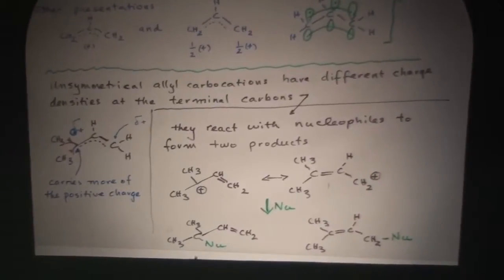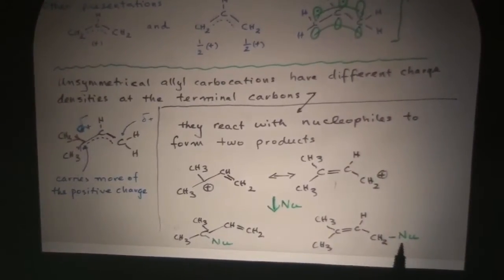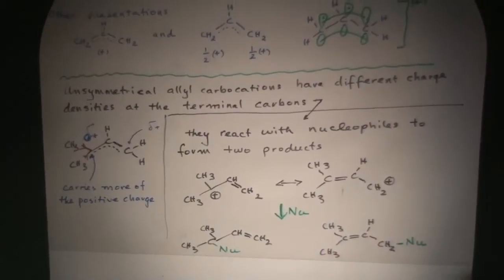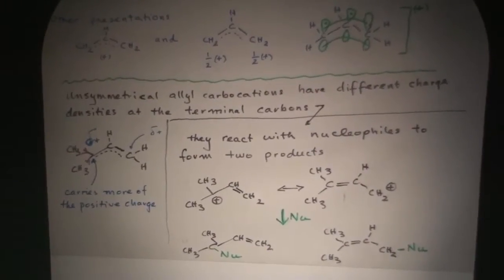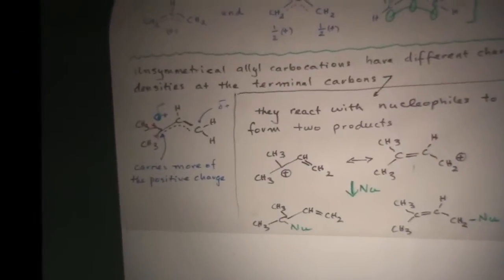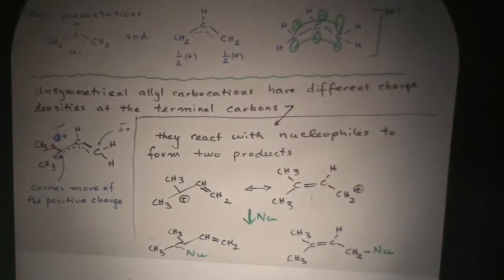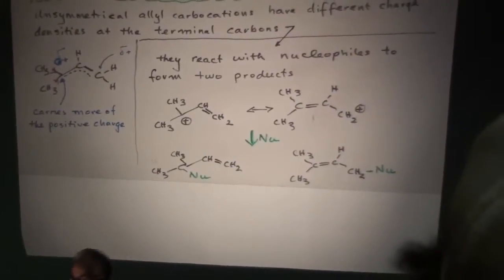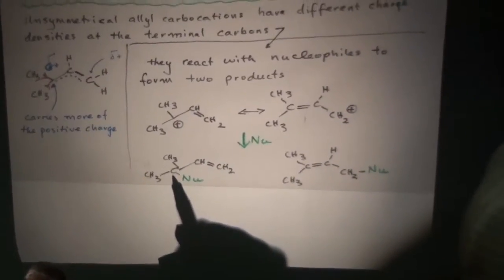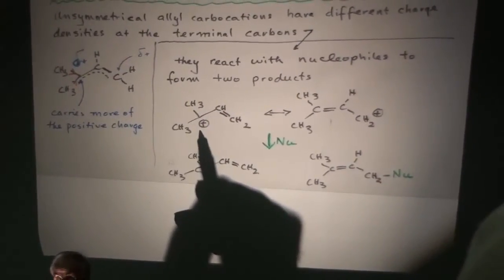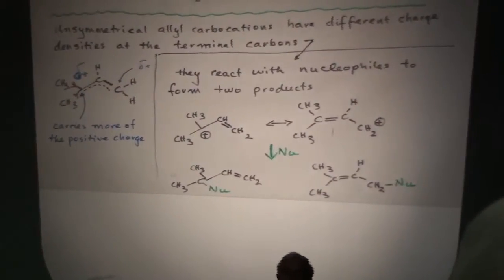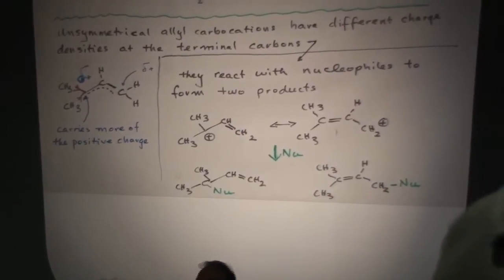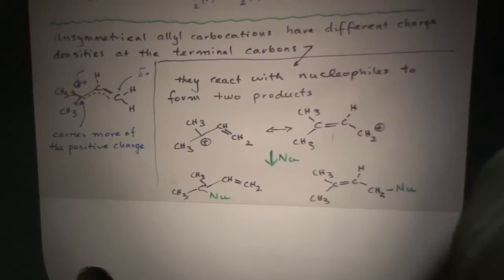So you can get the nucleophile attacking at the more substituted carbon and at the less substituted carbon. And we'll discuss a little bit as to what you'd expect under certain conditions. The first thing that you might realistically expect, if this carbon carries most of the positive charge, is that the nucleophile will be most readily attracted to that carbon. And we'll see that that is in fact the case.